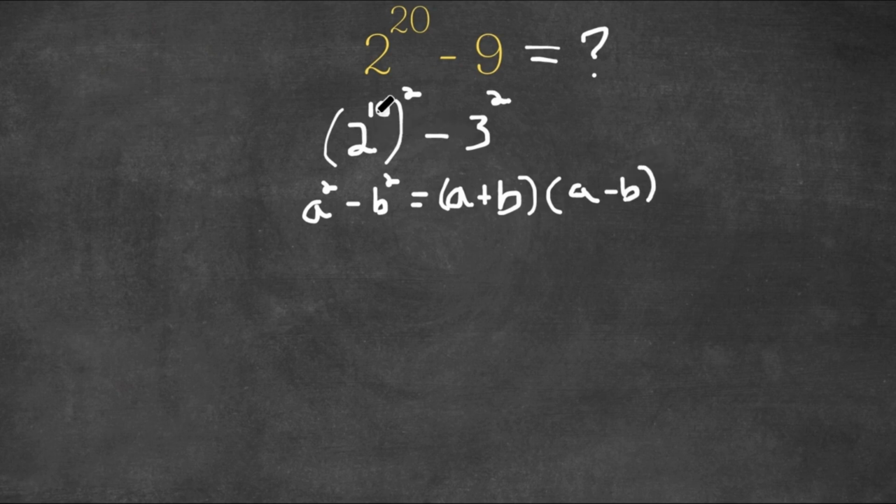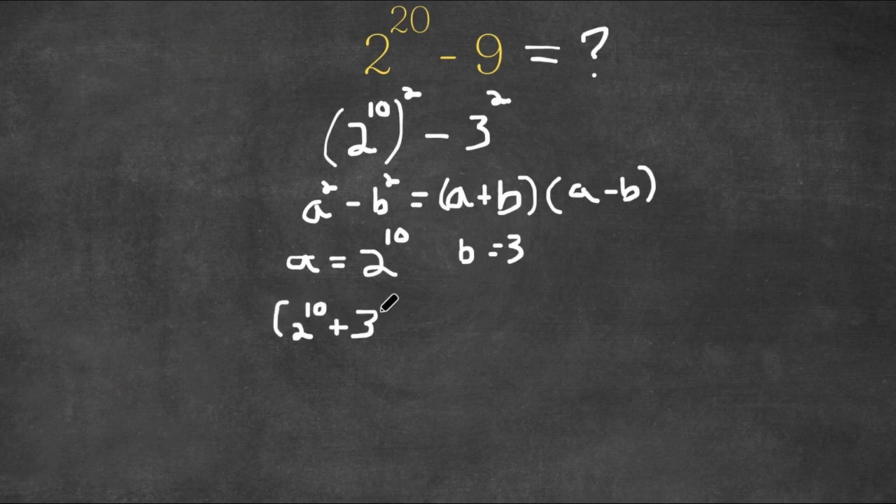So a in this case would be 2 to the power of 10 and b would be 3. So now if we plug in a and b in this expression, we would get 2 to the power of 10 plus 3 in parentheses times 2 to the power of 10 minus 3.